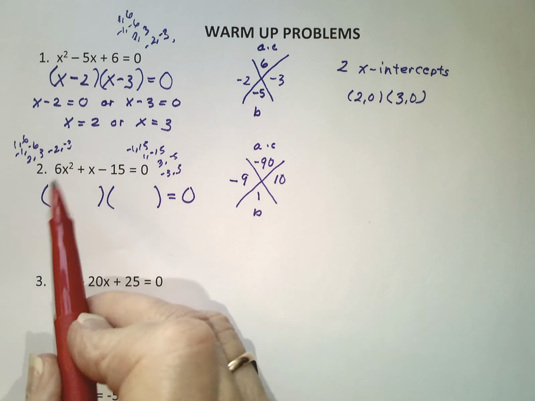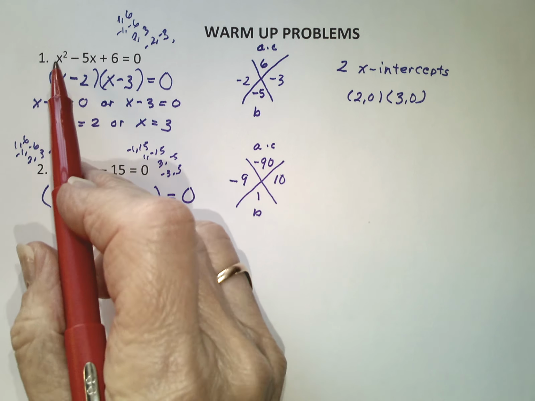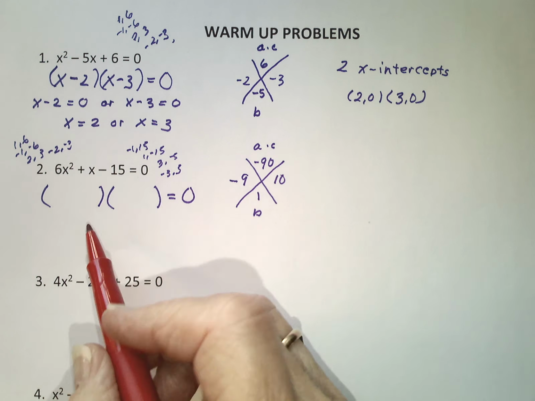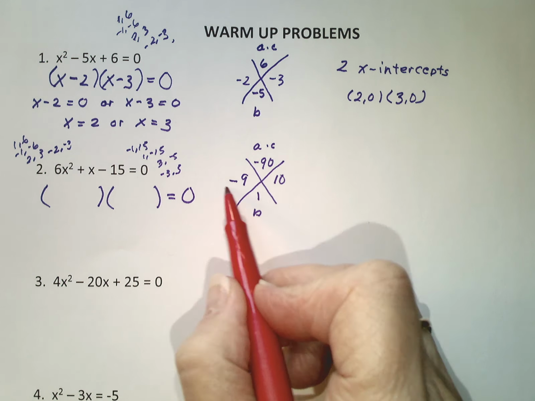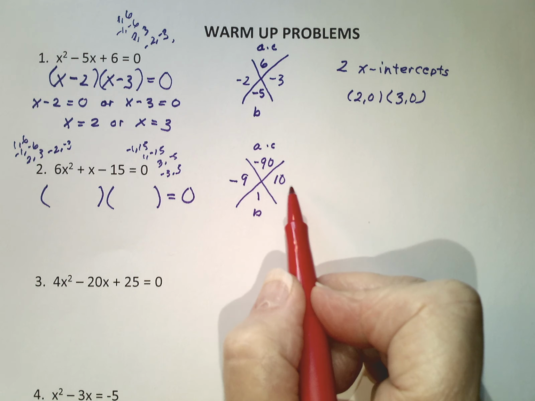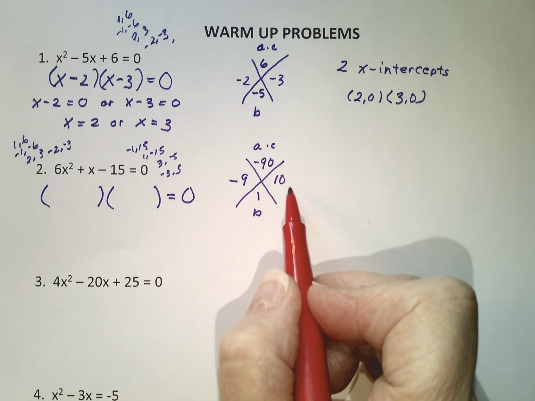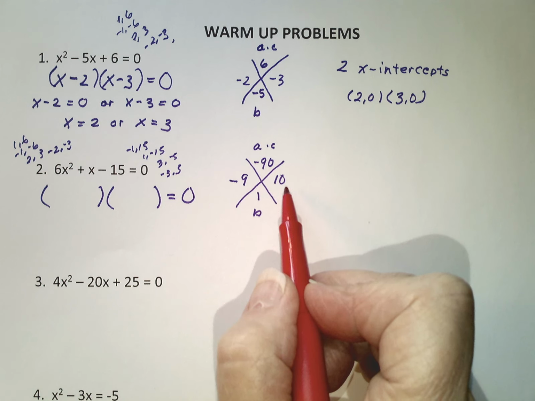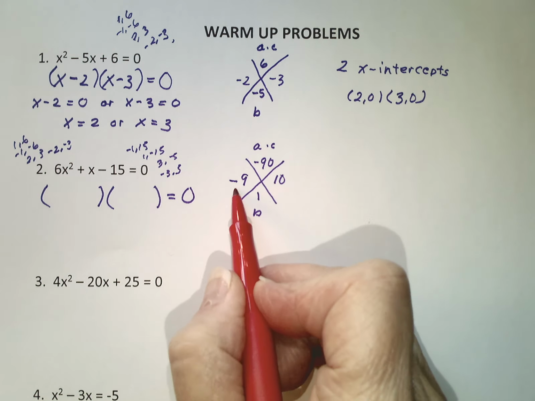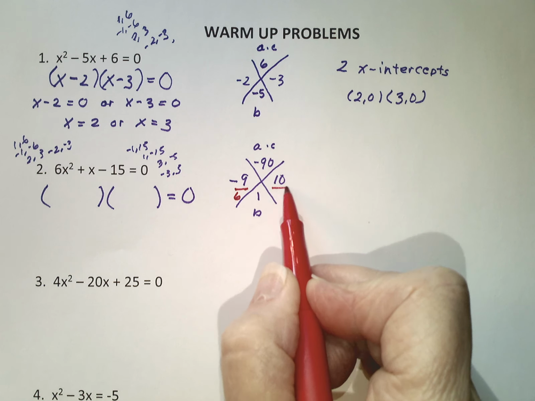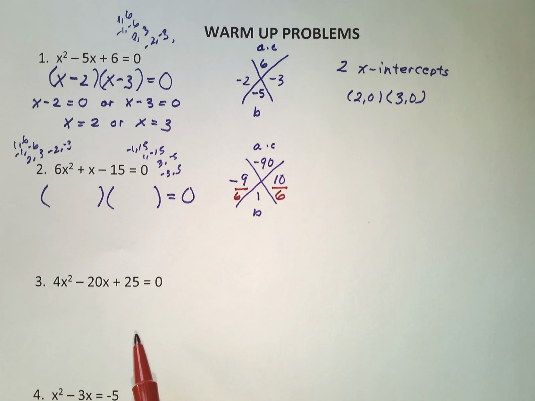Because we multiplied by 6 here, this wasn't just a single x squared like it was up here. Because we multiplied by 6, these numbers are 6 times bigger than they need to be. And we are going to compensate for that by dividing both of the numbers we came up with by 6.